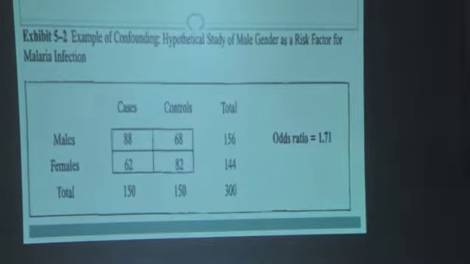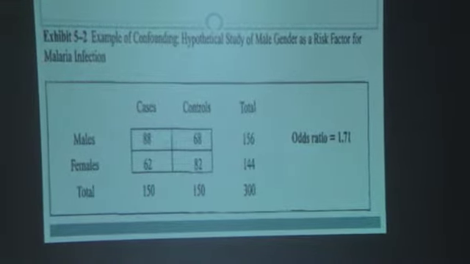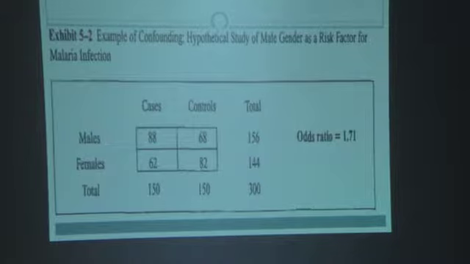And this is an example of a 2x2 table, whereby you are looking at male gender as a risk factor for malaria infection. You're interested in, is gender associated with malaria? What we have here is a 2x2 table. We know that these are the males and these are the females.